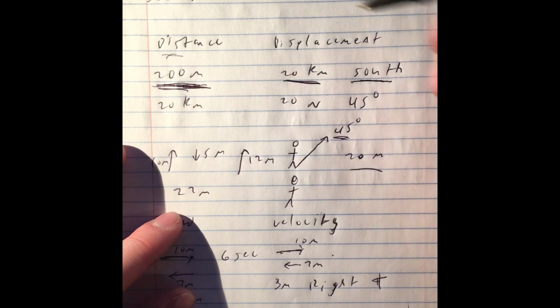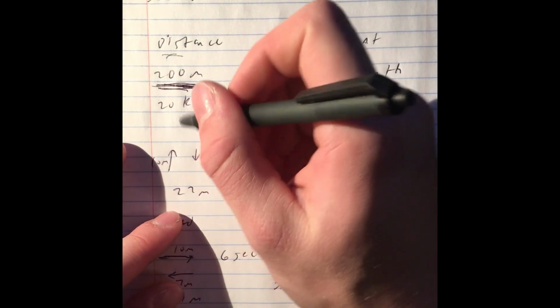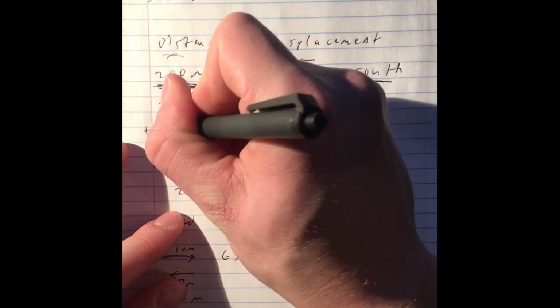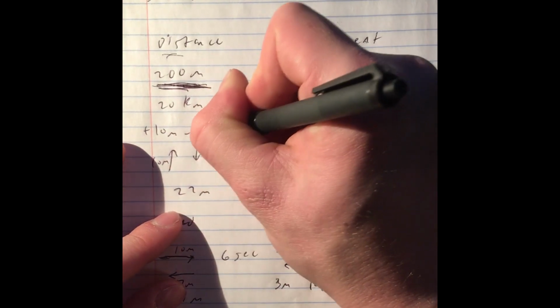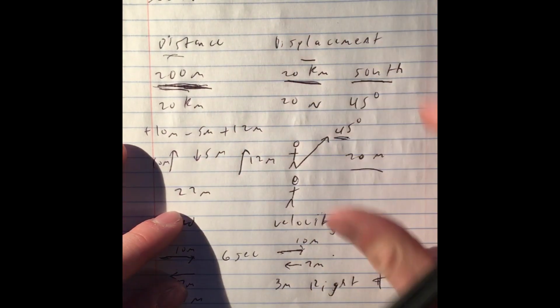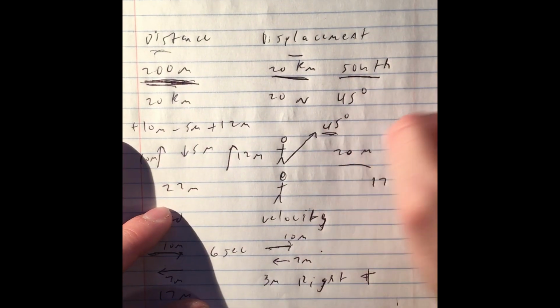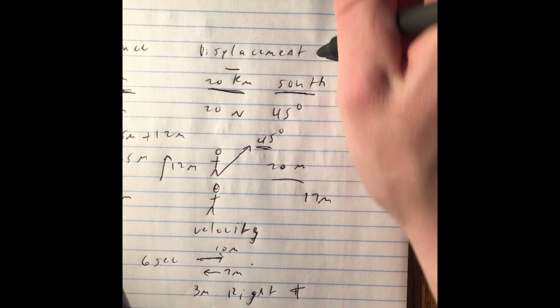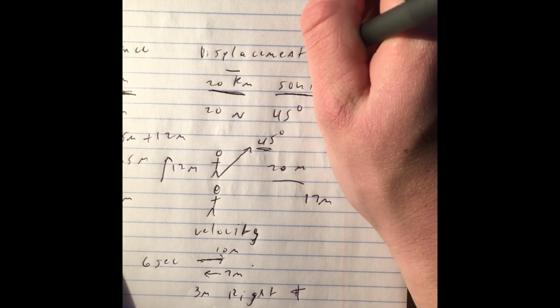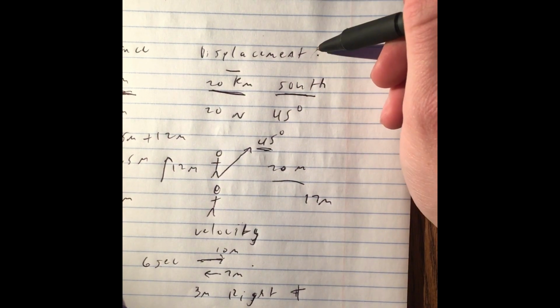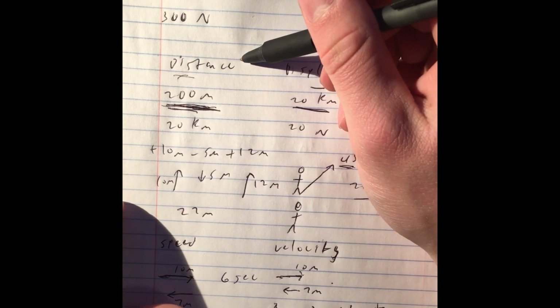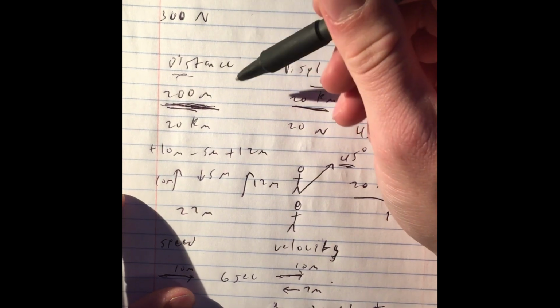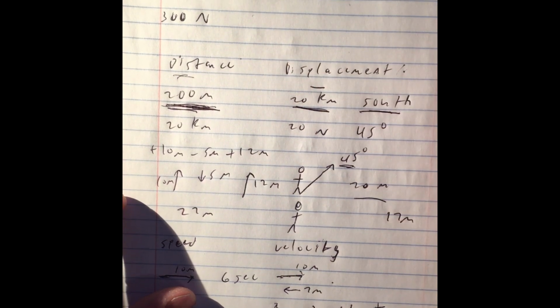But its displacement is going to be positive 10 meters minus 5 meters plus 12 meters. So its displacement is going to be 17 meters. So displacement is basically how much the object has moved from its original starting position, whereas distance is just how much the object might have moved between two times.